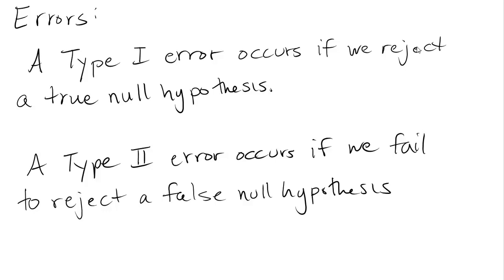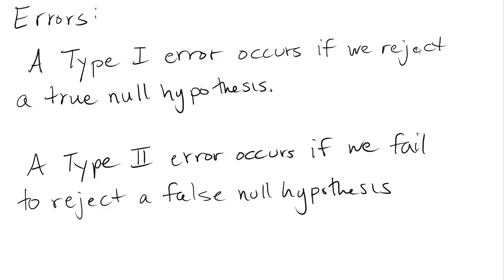You would reject a true null hypothesis because the data that you gathered made you believe that the null hypothesis was false, and it turns out that it was actually true. Don't think error like a mistake made by the person conducting the study. It's an error because you were misled by the data that you gathered. Everything you did was statistically and mathematically solid, but the data wasn't representative of the population, so you make the wrong decision and you reject even though you shouldn't have.